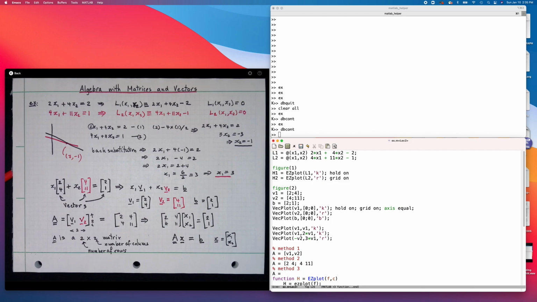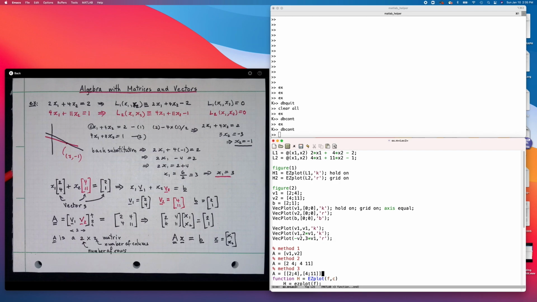Method 3. A is equal to 2, 4, 4, 11. We could just enter them directly like that.